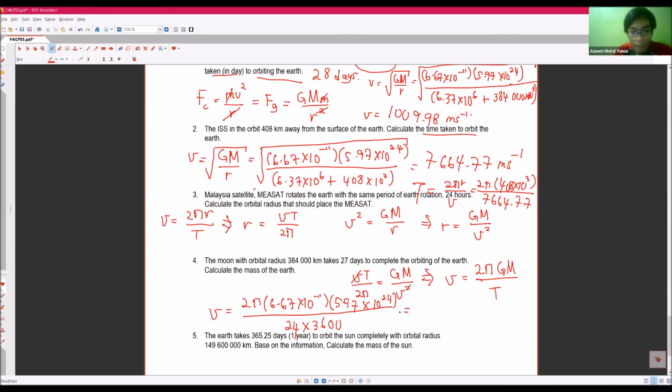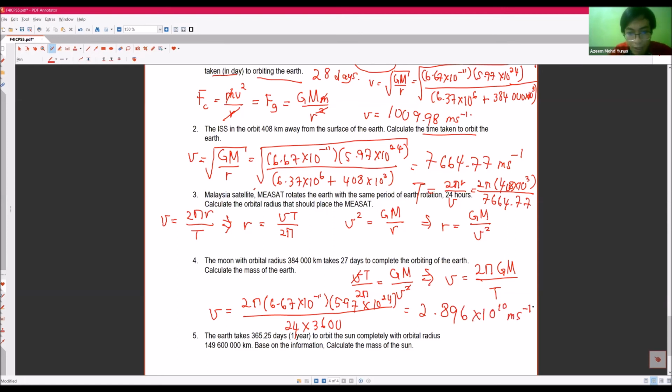So we will calculate that. 2 pi times 6.67 e negative 11 times 5.97 e to the power 24 divided by 24 divided by 3,600. We got quite large number here. 2.896 times 10 to the power 10 meter per second.